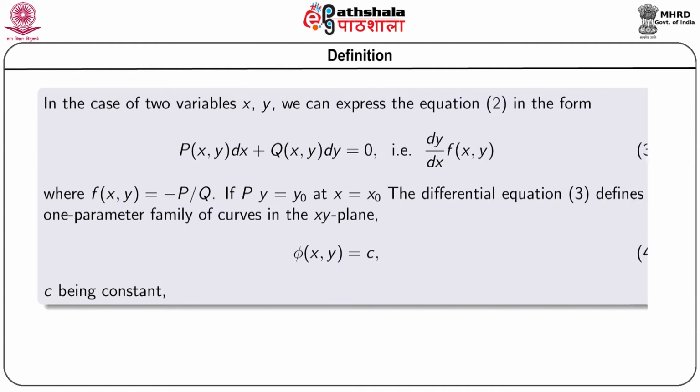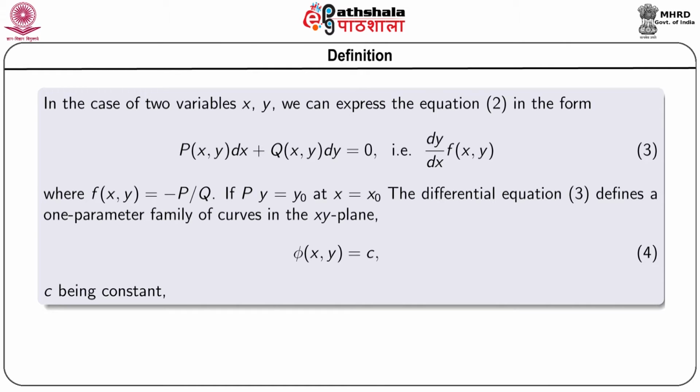There is a fundamental difference between a Pfaffian differential equation with 2 variables and a Pfaffian differential equation with more than 2 variables. So, we shall discuss the equation taking 2 variables separately, and later on we shall discuss a Pfaffian differential equation taking 3 variables.